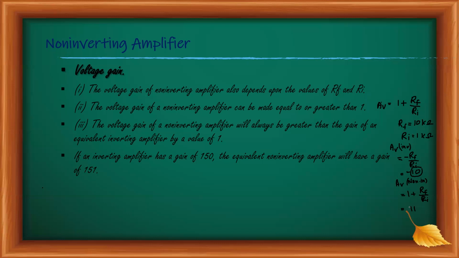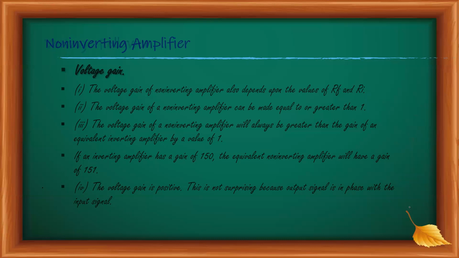So the gain of the non-inverting amplifier must be greater than inverting amplifier by a value 1. And here the voltage gain is positive. What it means? It means the output signal is in phase with the input signal.